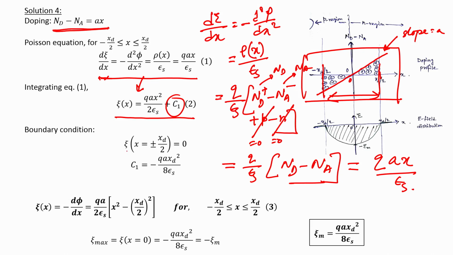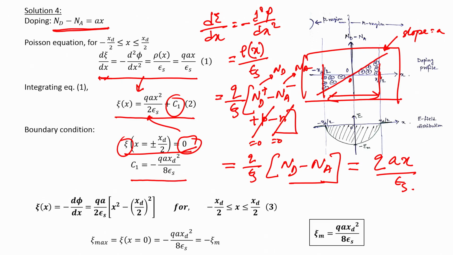The boundary condition is that the electric field goes down to 0 beyond the depletion width. So at x equal to plus or minus xd by 2, the electric field goes down to 0. If you plug in this boundary condition in this expression, you will find the constant C1 as minus qA xd square by 8 epsilon s.